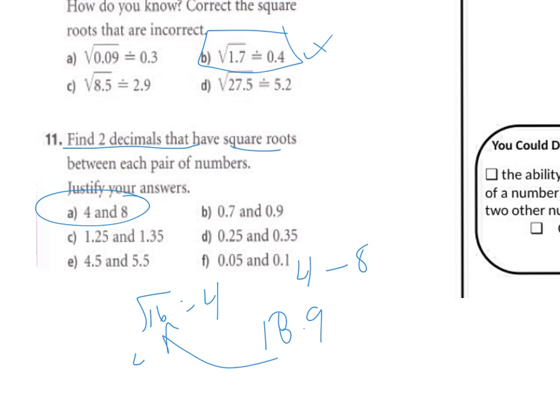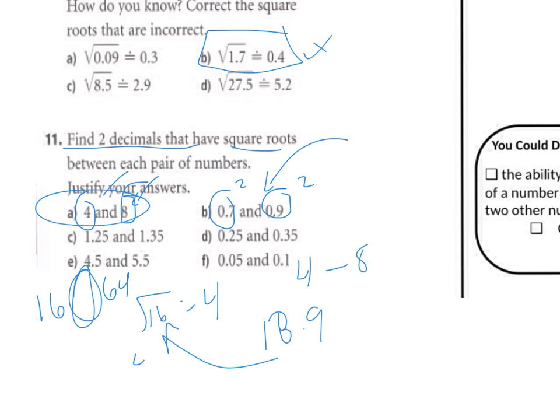So what you can do is essentially take this number, square it, take this number and square it, and then find some places in between to see if that works. If I would have taken this number and squared it, and this number and squared it, I would have got 16 and 64, and I have to find a number between 16 and 64 to match this question.